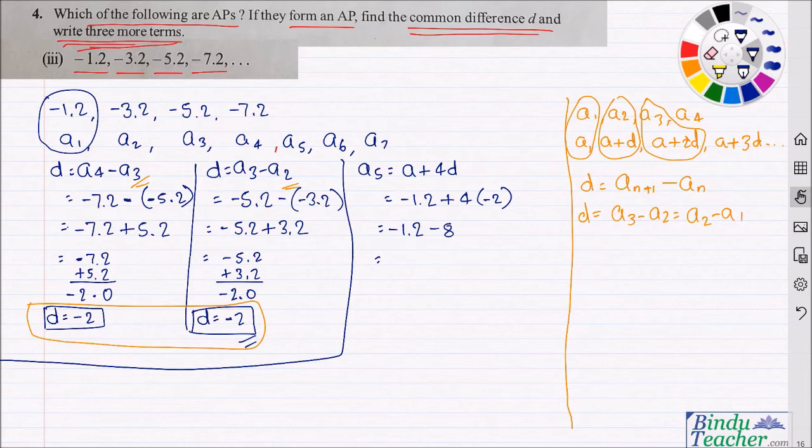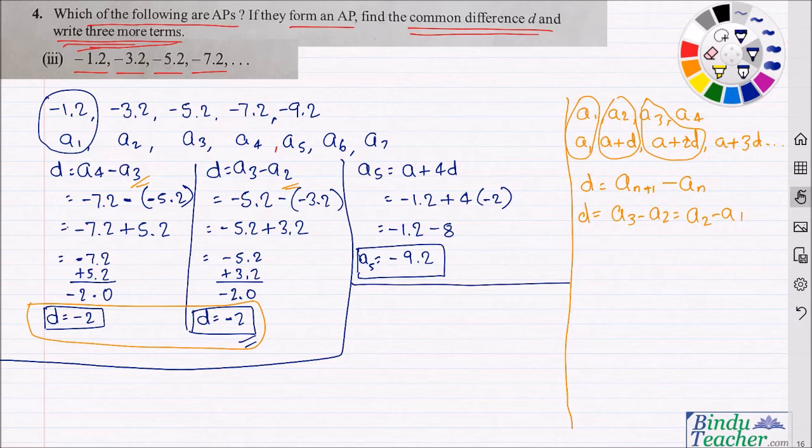So we get the answer minus 1.2 minus 8 equal to minus 9.2. So this is the value of A5 or the fifth term in the arithmetic progression. So we will write the result here as minus 9.2.